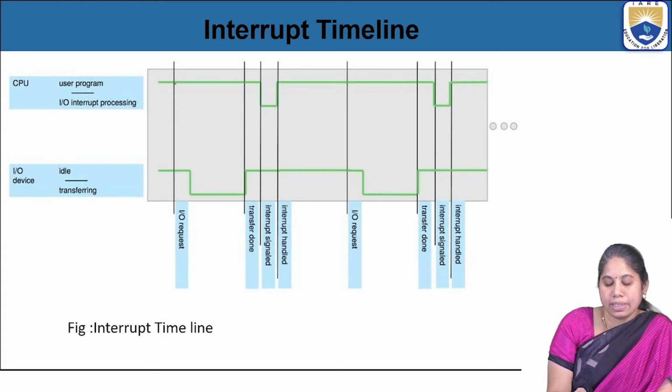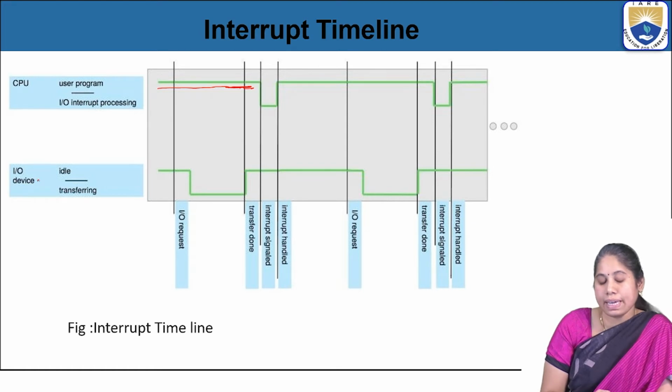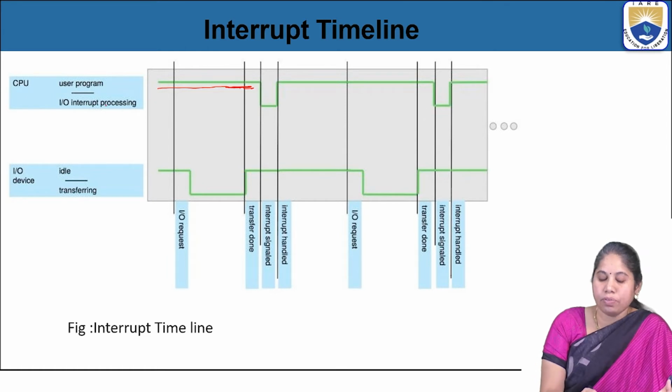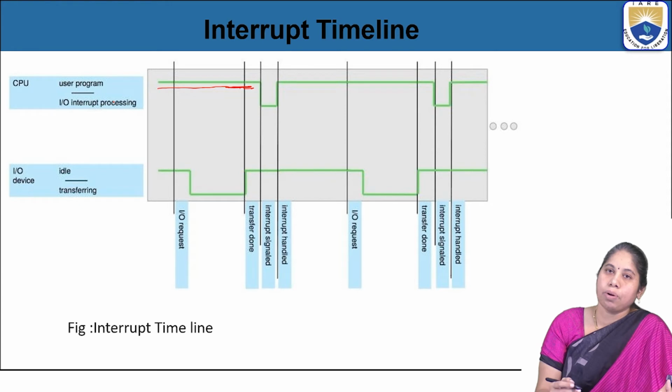So the user program is happily executing. Other parts of the computer can also raise interrupts, for example while in the user program you want some inputs or outputs, or you want to share some information inside the memory.